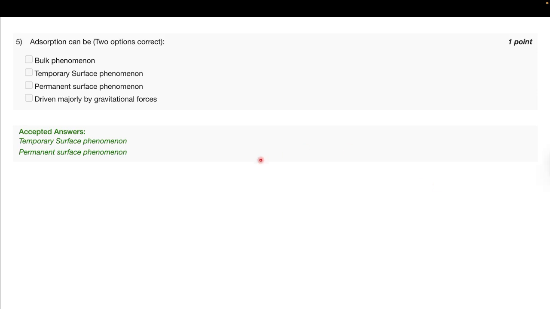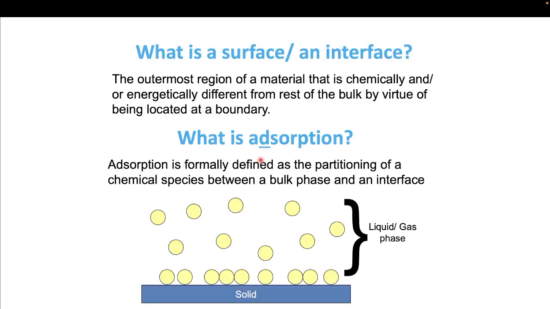It is not a bulk phenomenon; that is known as absorption and not adsorption. It could be a temporary or a permanent surface phenomenon depending upon how stable your protein is, and it's not driven majorly by gravitational forces. That's an incorrect option. So this is what we were talking about in the introductory slide as well.